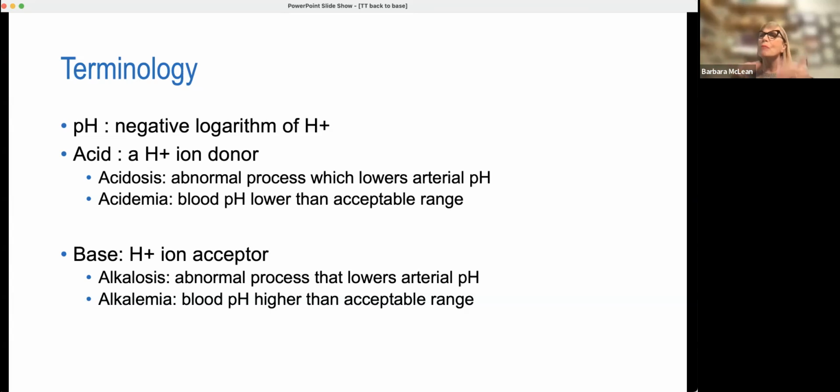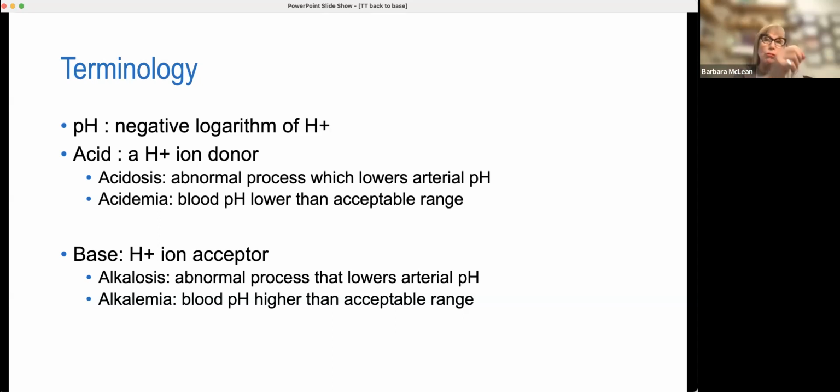And that doesn't seem natural because if pH is the presence of hydrogen, you would think that as hydrogen went up, pH would go up, but that's not true because, of course, hydrogen is an acid. Now, when we talk about acids, and I'm going to review this multiple times, things like lactic and ketones are acids because they donate a hydrogen ion.